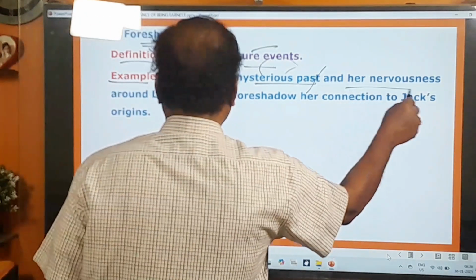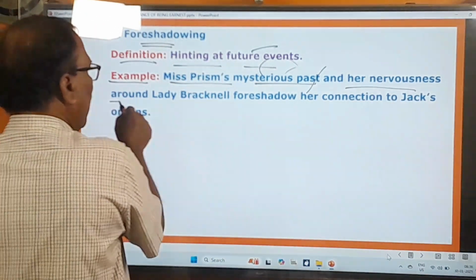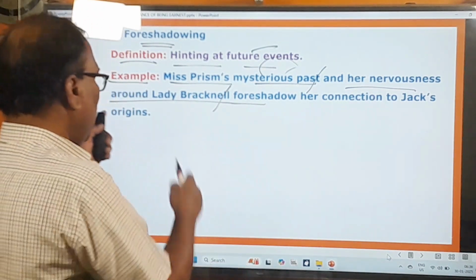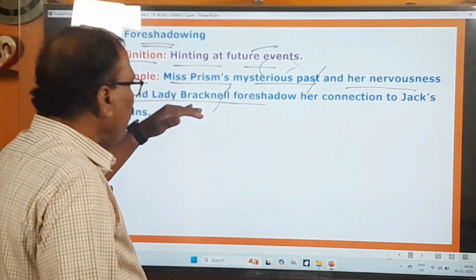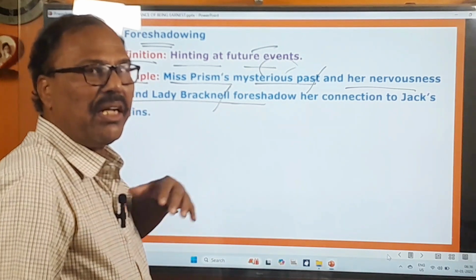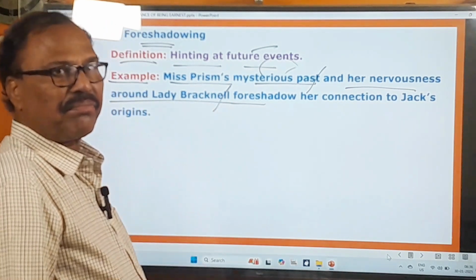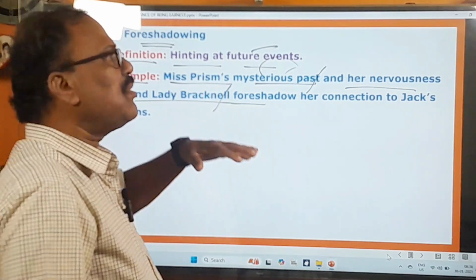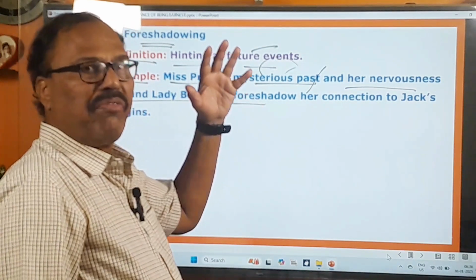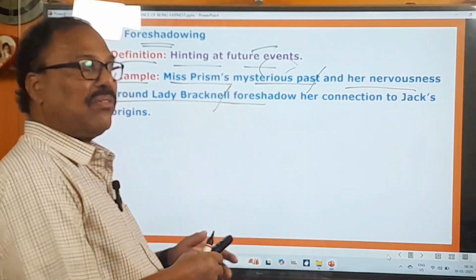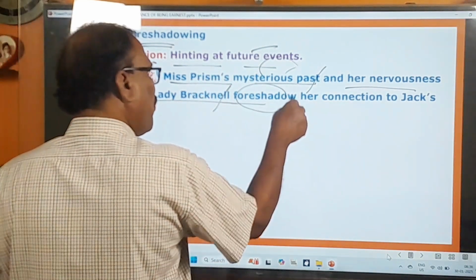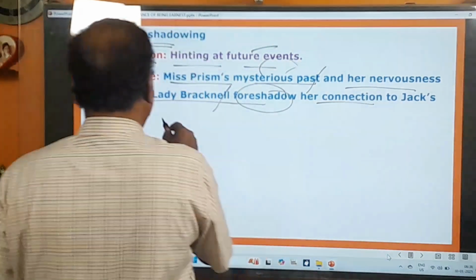She feels nervous about Lady Bracknell because Lady Bracknell refuses to give her daughter in marriage to Jock, saying that he was only an orphan, he has no status, he has no wealth behind him and all that. So that's why she feels very nervous, and that foreshadows her connection to Jock's origins.